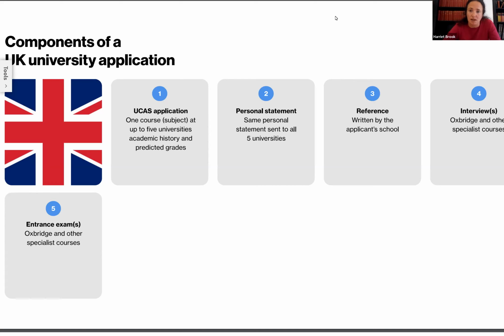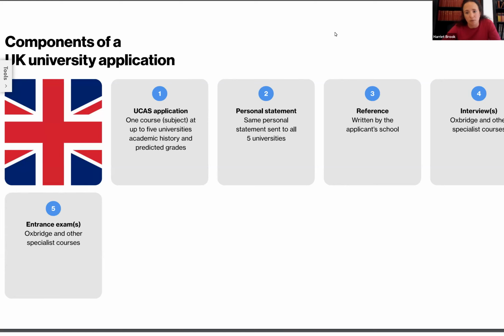The only other area where the university gets to sense a little bit more about you as an applicant and what you're like and how teachable you are and things like that, is in the reference, which again is one document within your UCAS application that goes to 5 universities. That is written by someone within your school who knows you, who has perhaps taught you or been your personal tutor or been the person advising you about UK universities.